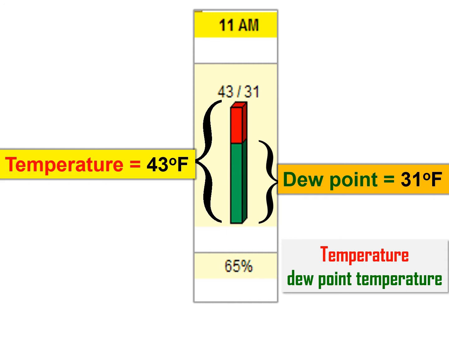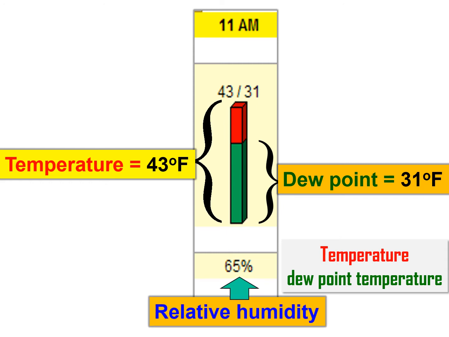Temperature 43, dew point temperature 31, then relative humidity is 65%. So you see the relationship between these three parameters.